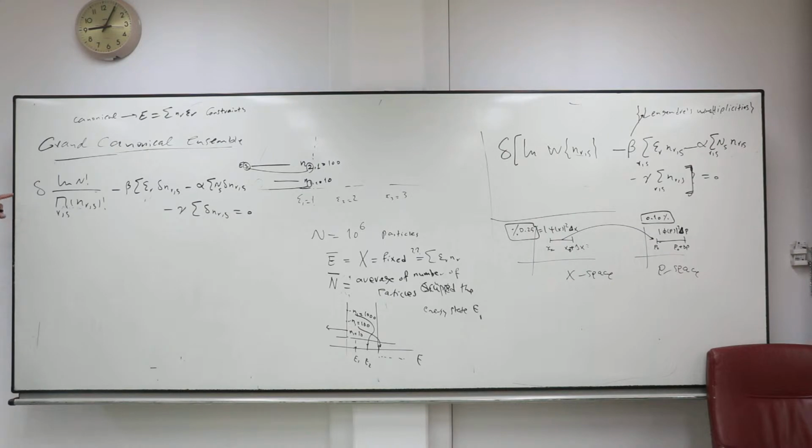So this you know how to do. This will be the variation of this will be 0 because this is a constant, minus variational this.